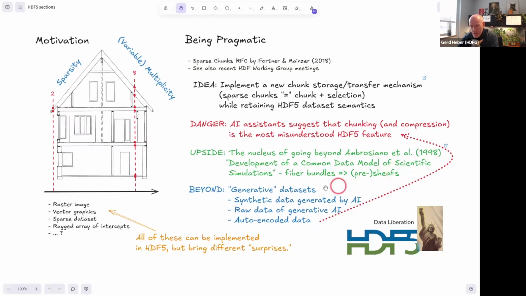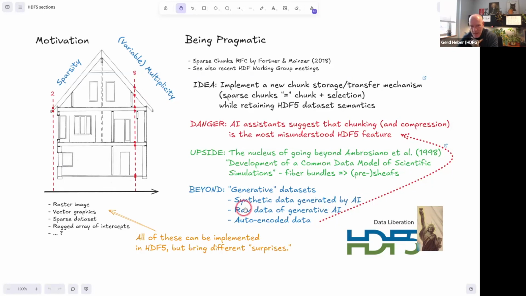And we have seen over the past probably 2-3 years several attempts. I would call them generative data sets. And it's interesting, when people say generative data sets, sometimes they mean almost opposite things. Some people say generative data sets are synthetic data that are generated by AI.